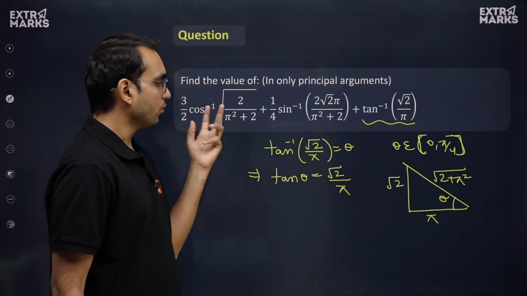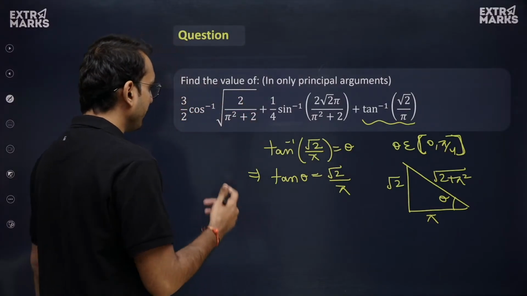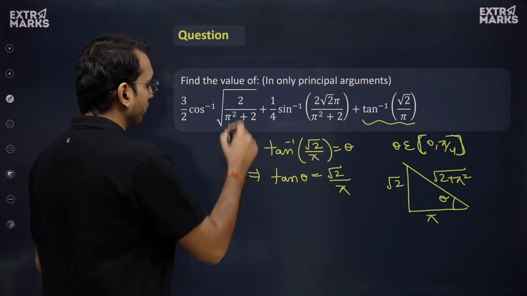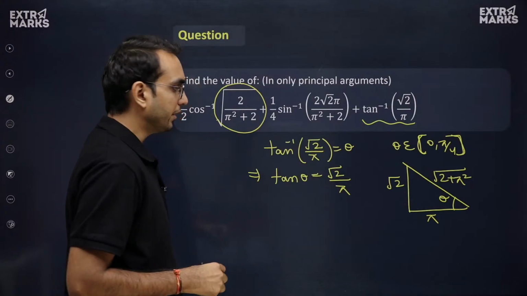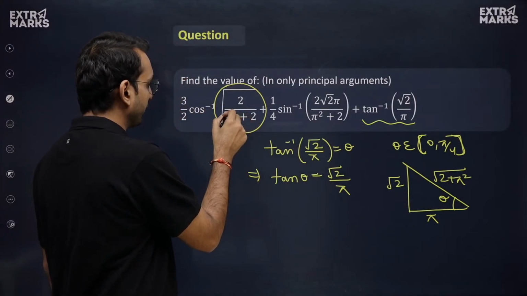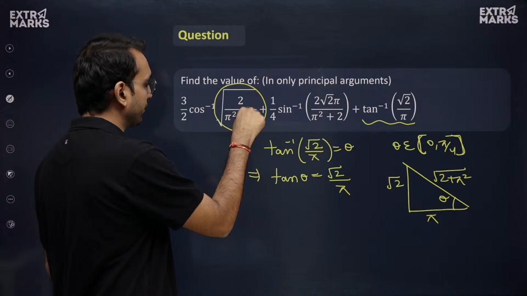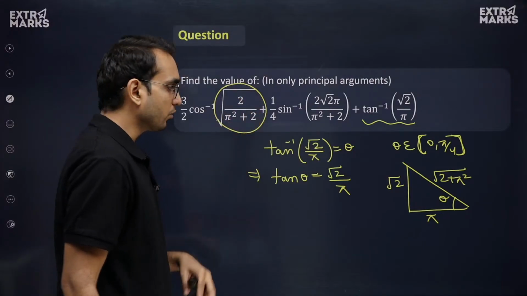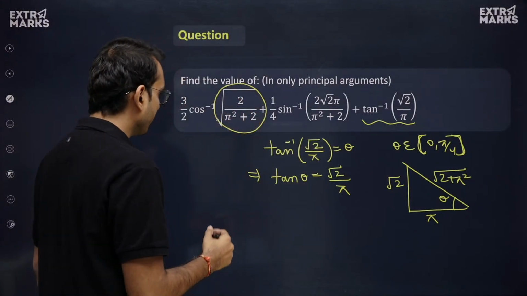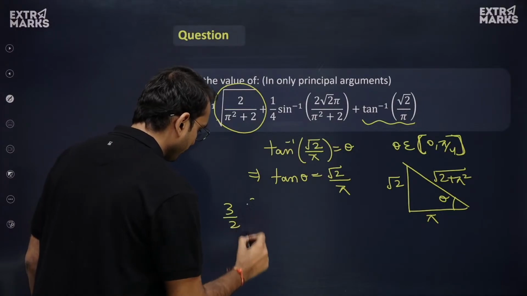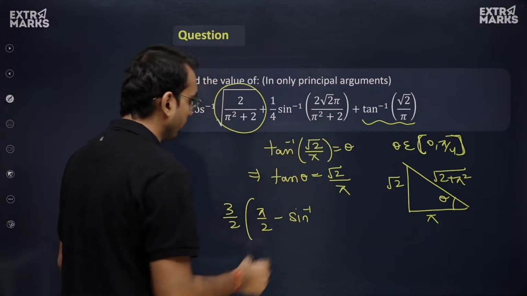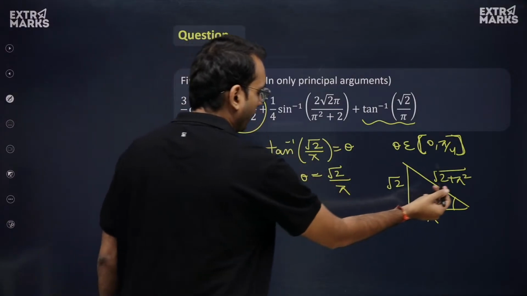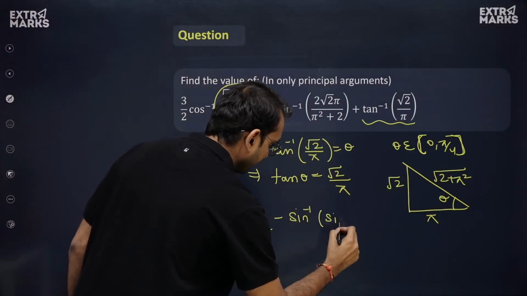So let's convert this cos inverse into sin inverse, right? This is sin theta, but here it is cos inverse. So it will be 3 by 2 times pi by 2 minus sin inverse of sin theta.